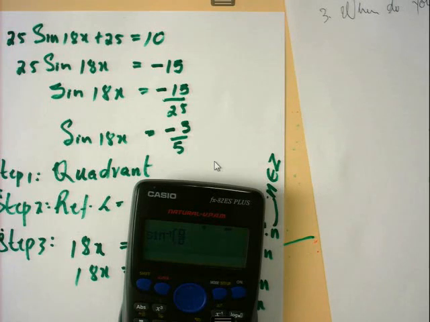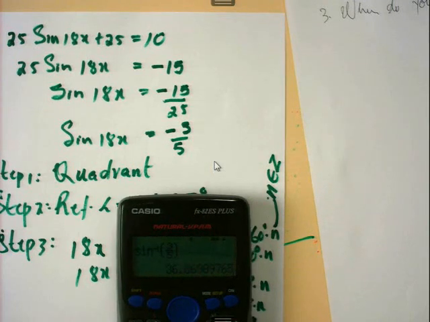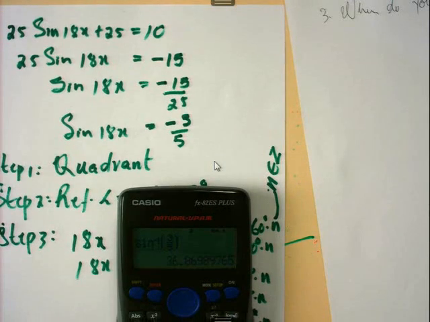But if you don't have the fraction, no problem, you can just say 3 divided by 5 directly. So I'll say 3 divided by 5, move the cursor to the right, close the bracket, and I'm getting 36.869, which I decided to round off to two decimal places as 36.87.